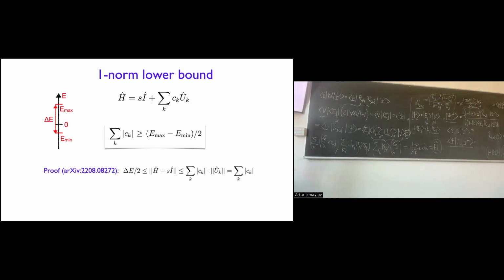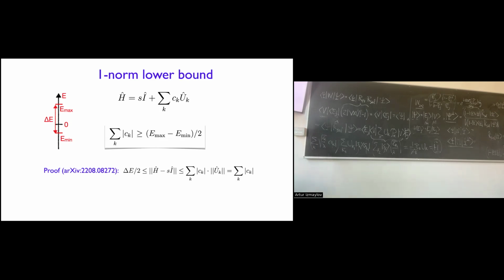We don't know exactly what the shift is, but if we minimize the norm with respect to the choice of the shift, it's always going to move the spectrum symmetrically around zero. So you're going to get the spectral range divided by 2 on the left side, with the shift that minimizes the norm as much as possible.